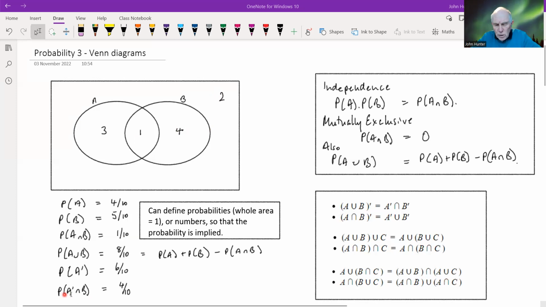And then we get more complicated things. The probability of A prime intersection B. Well, A prime, we just said, is these two. B is these two. So the intersection of those two and these two would be 4. So that would be 4 tenths.